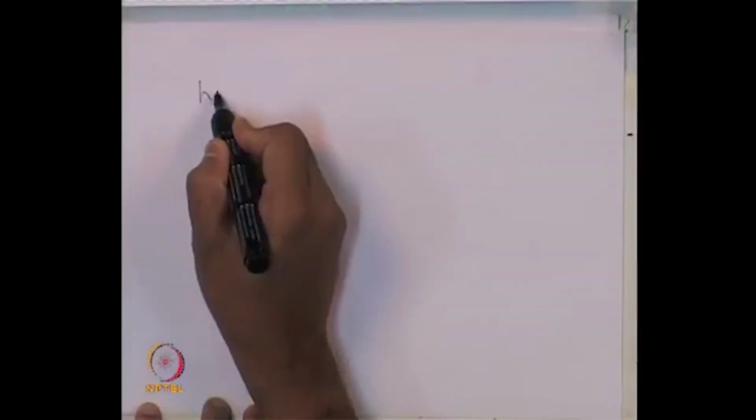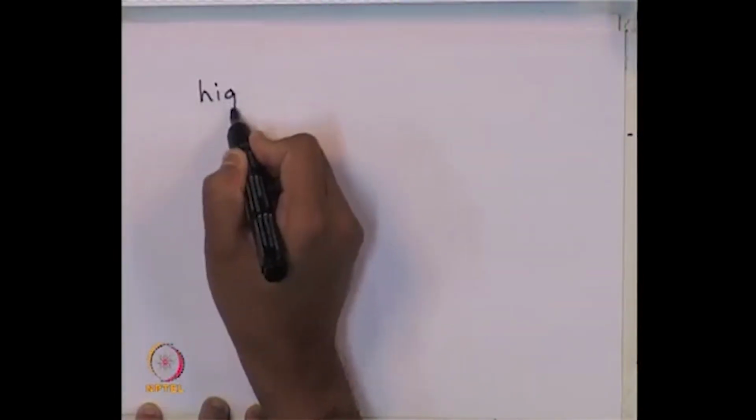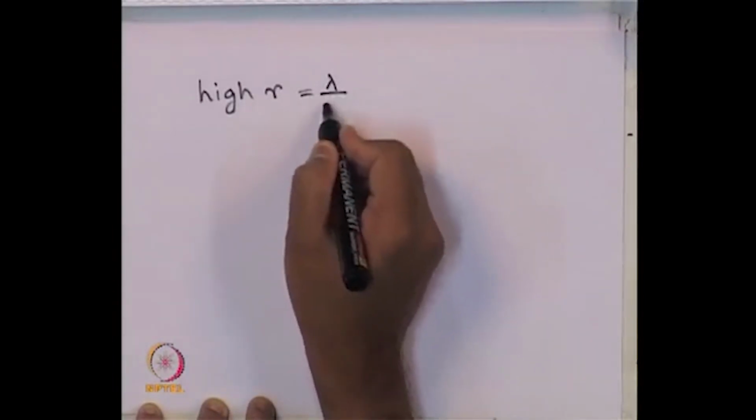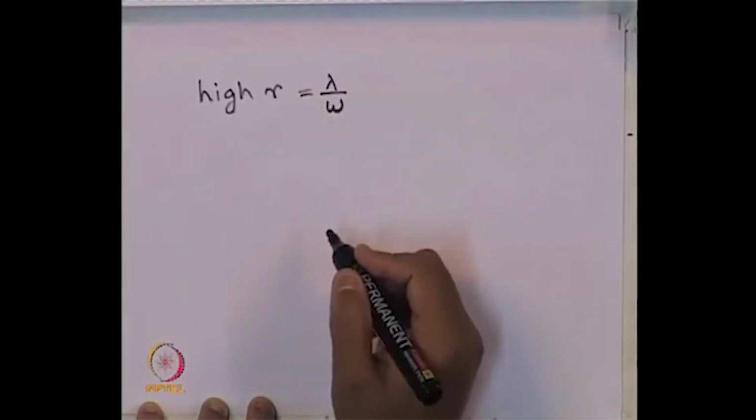Now, let us look at the condition when the frequency ratio is very high. So, for very high value of R, R means lambda by omega. What does it mean?